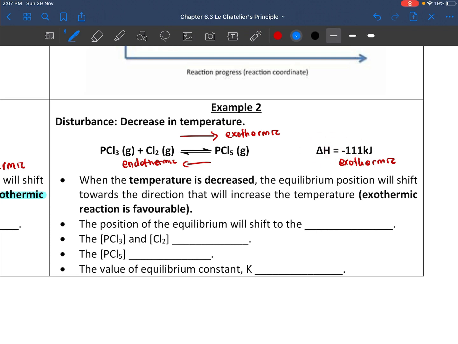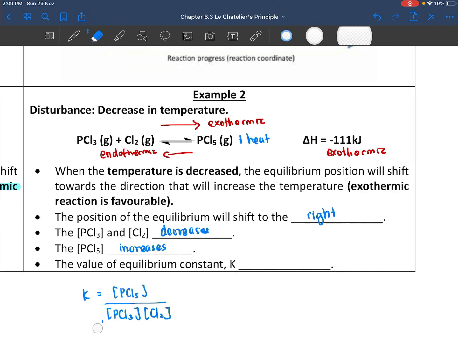Okay. Ataupun another way to understand this adalah, kan saya cakap kalau exothermic maksudnya heat release. Okay. So heat release maksudnya heat berada di produk lah. Okay, so sekarang temperature tu rendah. So kita nak increasekan balik temperature, kita kena hasilkan lebih banyak heat lah. So kena shift to the right. Okay, so whichever yang senang untuk kamu faham, gunalah method tu. Okay, so when we shift to the right, the concentration of PCl3 dan Cl2 akan makin berkurang. Okay, and then concentration of PCl5 akan increases.